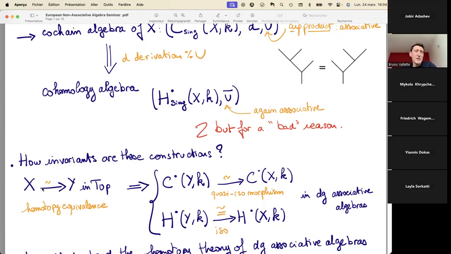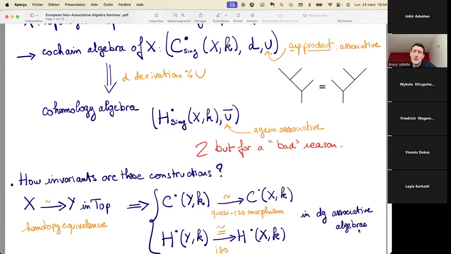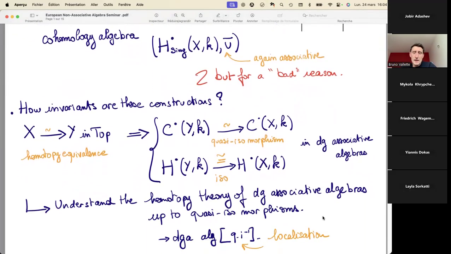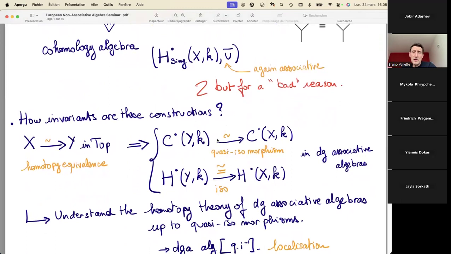If the 2 spaces are homotopically the same, then the cohomology groups are isomorphic. And this is an isomorphism of graded associative algebras. So now the idea, of course, is to understand the homotopy theory of differential graded associative algebras up to these quasi-isomorphisms, since they are invariants of the homotopy type.